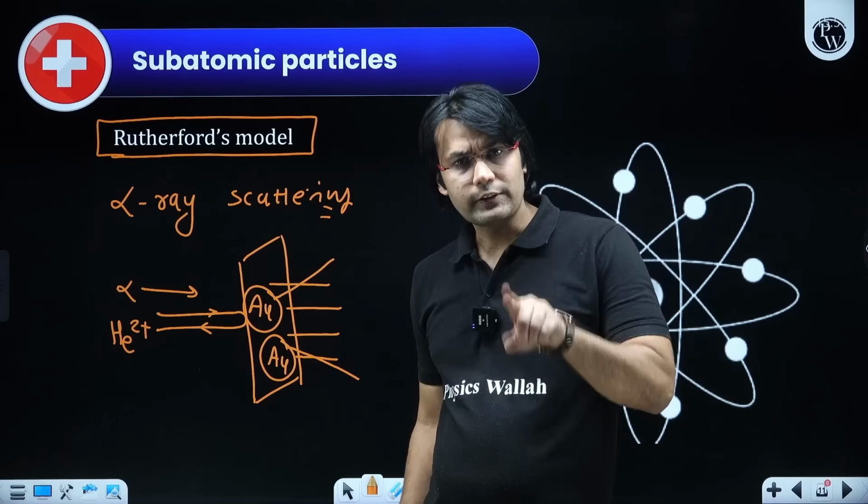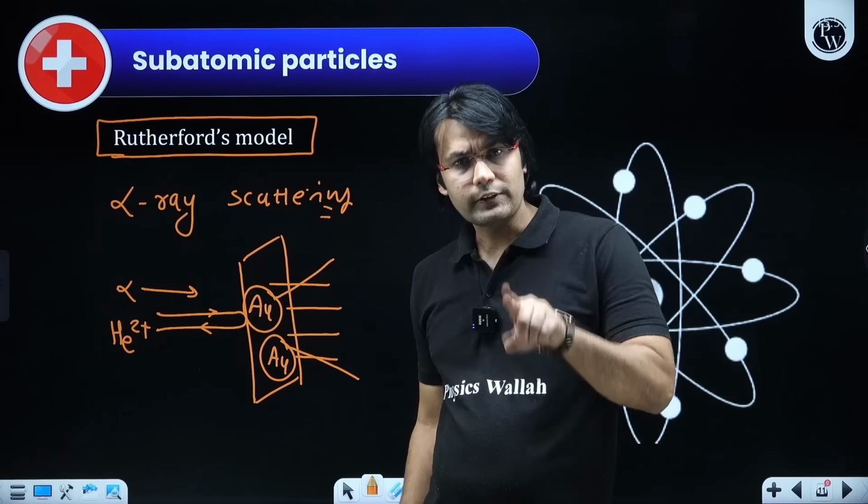I hope you have now understood the exact meaning of the photoelectric effect: when light of a certain frequency strikes the metal, electrons are ejected. Now, if you observe this phenomenon on the atomic level, because we are dealing with the atomic structure chapter, suppose this is your atom and this is your nucleus.